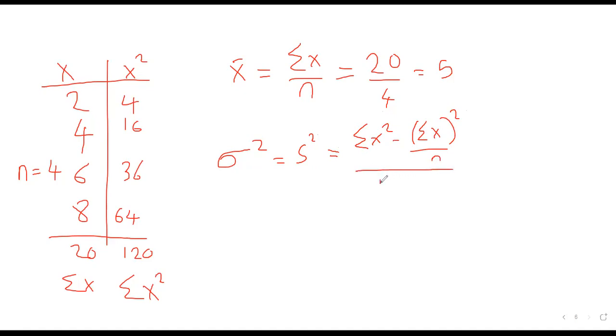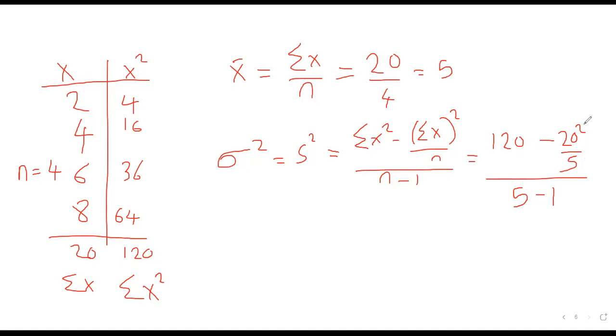It's summation of x squared minus summation of x all squared over n, everything over n minus 1. So summation of x squared here is 120. Summation of x is 20 squared over n, which is 5, everything over 5 minus 1. So you need to be careful here.